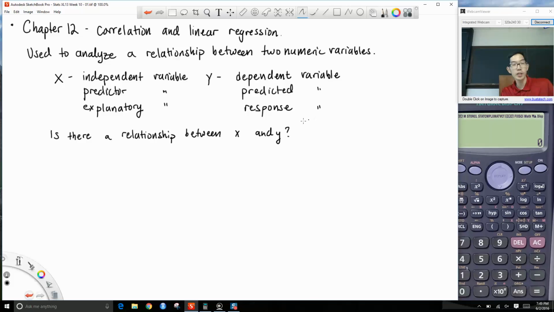And a related question is, if there is a relationship and I have the x variable, can I make a prediction for the y variable? And we have a value for x.